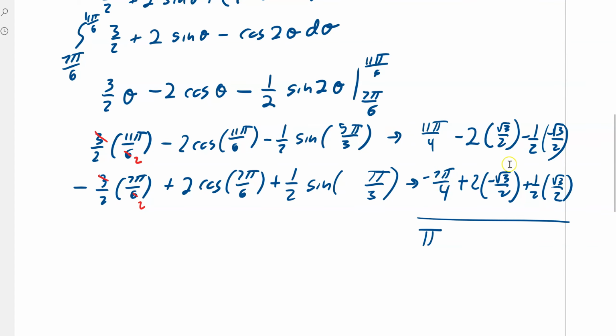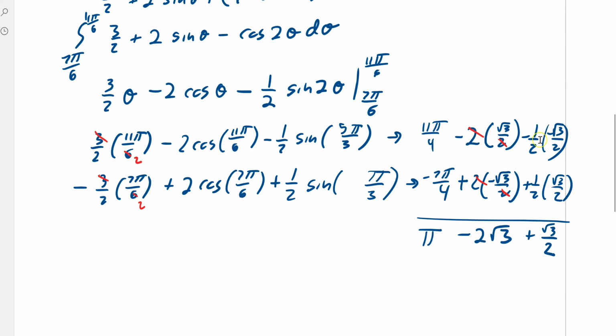And then now we have to add up all the rest of them. So cancel, cancel, cancel, cancel. So we end up with negative rad 3 and negative rad 3, which would make negative 2 rad 3. And then over here we have negative, negative, so it's rad 3 over 4, rad 3 over 4. So it'd be plus rad 3 over 2, because you're going to get 2 and 2, right?